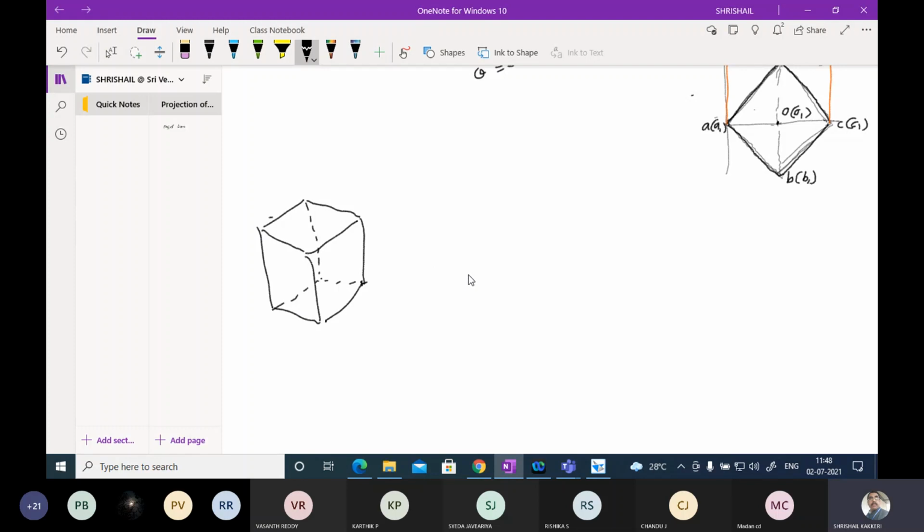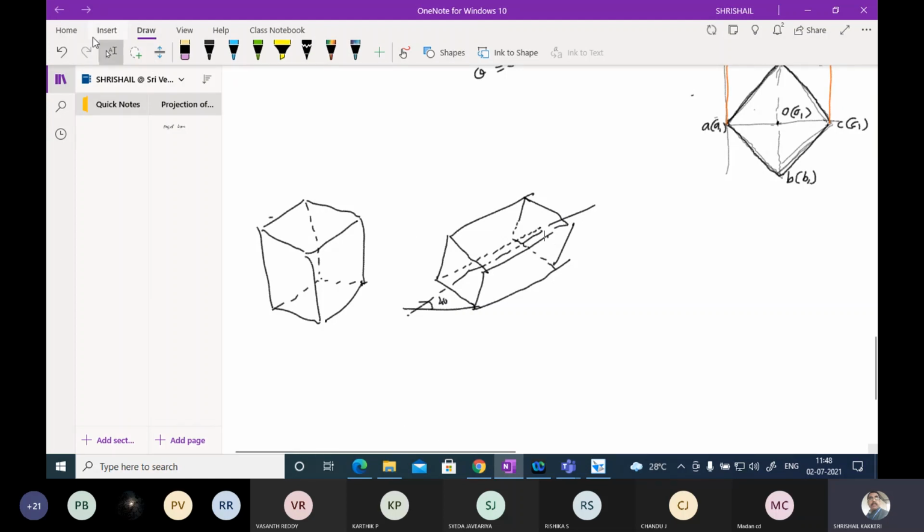Then after this, through this corner, I am going to lift it. You see it is 45 degree and I am going to lift it. Okay, this is how I am going to do it now. What I am going to do is this one.